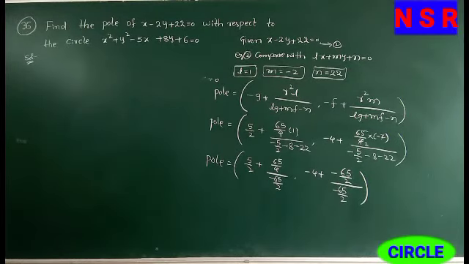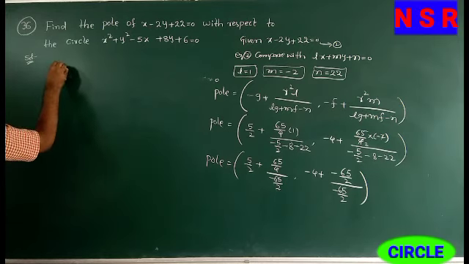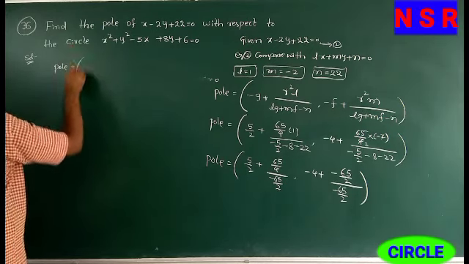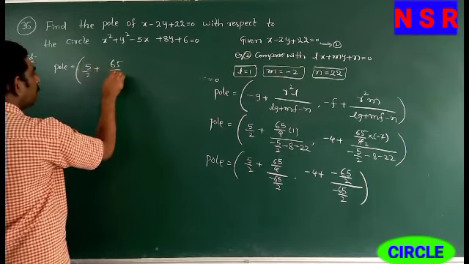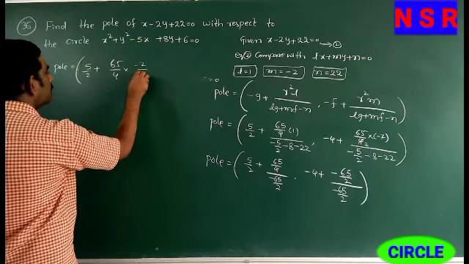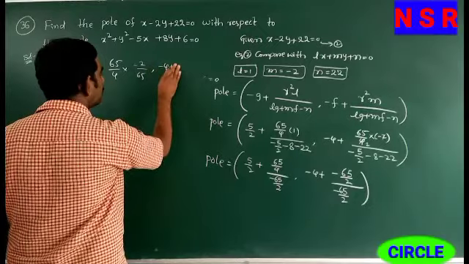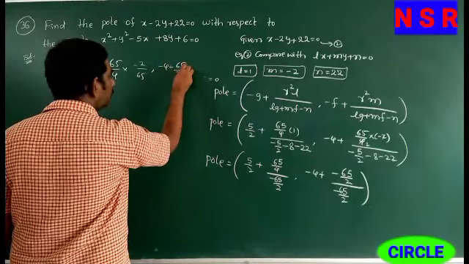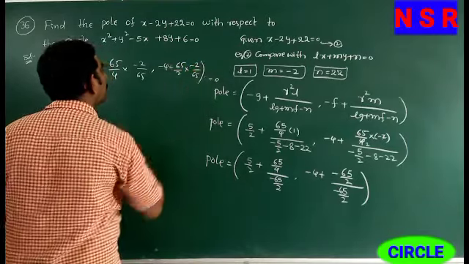So next, pole equal to 5 by 2 plus 65 by 4 into, reversing the number, minus 2 by 65, comma minus 4 plus, so minus 4 minus 65 by 2 into minus 2 by 65.